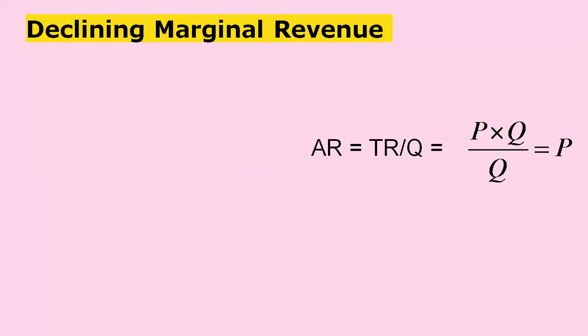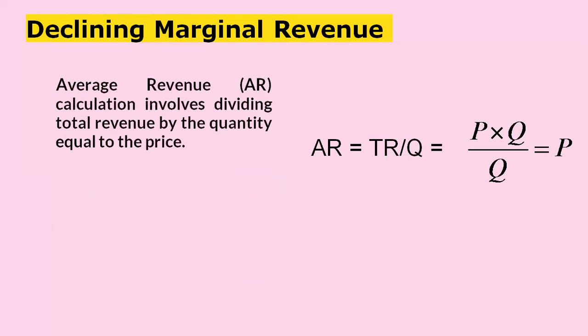Declining marginal revenue. Average revenue calculation involves dividing total revenue by the quantity, which is equal to the price.